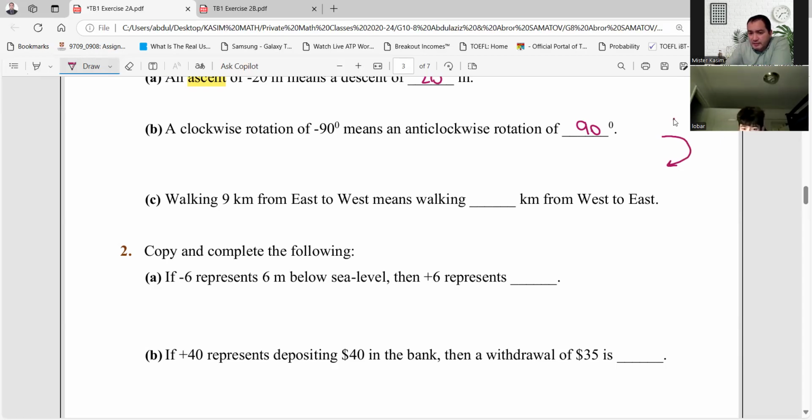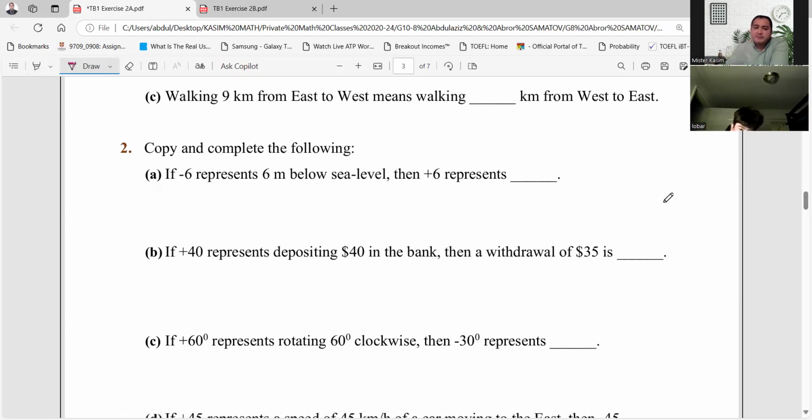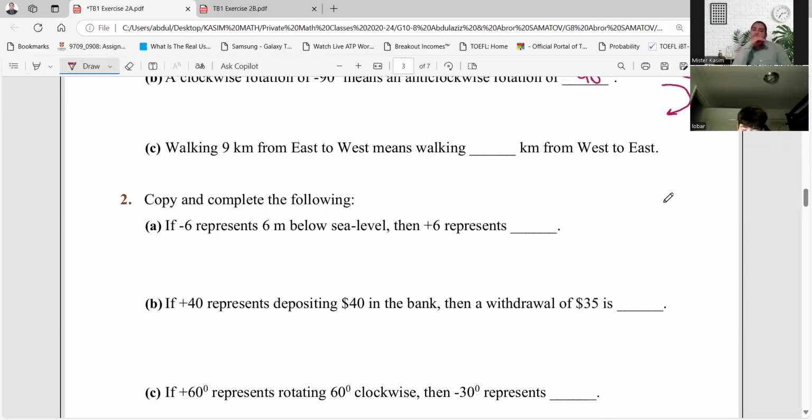And how about anti-clockwise? It is a positive angle or degrees. Okay, C. Walking 9 kilometers from east to west means walking negative 9 kilometers from west to east.